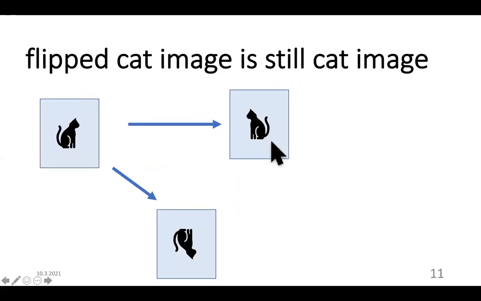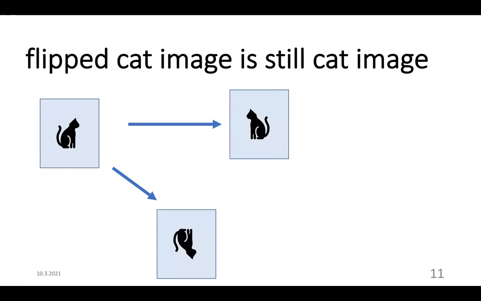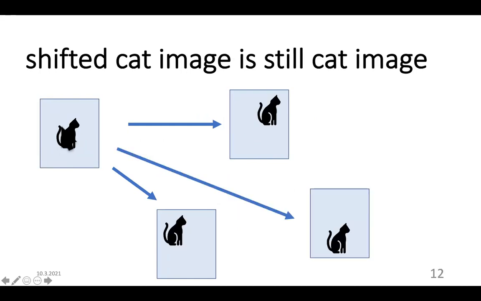Okay. Then not only rotation is a symmetry for this cat detector, also if we flip the image. So if we flip the image upside down or from left to right, a cat image is still a cat image. Or if we shift the cat a bit to the right, top, down or left, all these shifted images are still cat images.